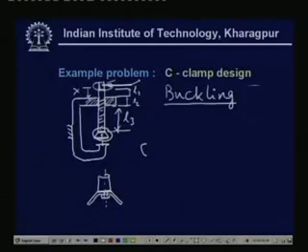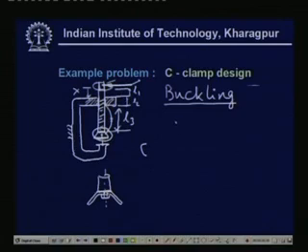Once a material is subjected to compressive stress, all of a sudden the whole structure may become unstable and bend, and whenever it bends, a large amount of bending stress is developed, which ultimately leads to failure. So, we will have to check for buckling.